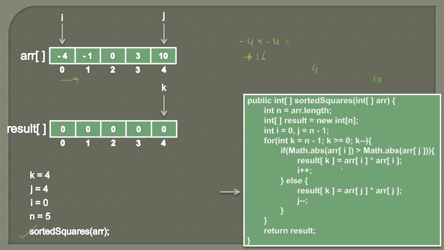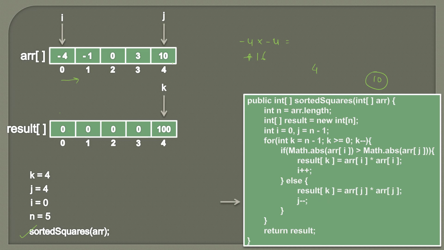This signifies that we can safely take 10, do its square and place it into the end of the result array, because we are very much sure that this value can be safely placed here since we have compared it with the extreme left value. So here we do 10 into 10, which is 100, and we simply put it into the result array at kth index.